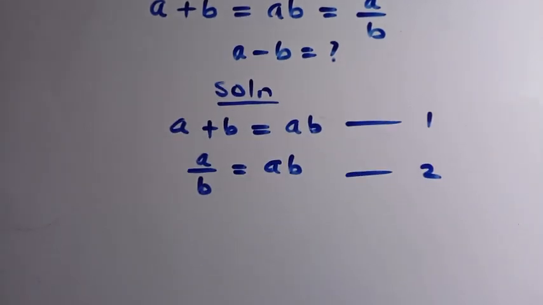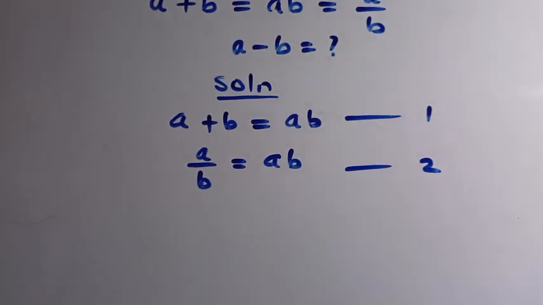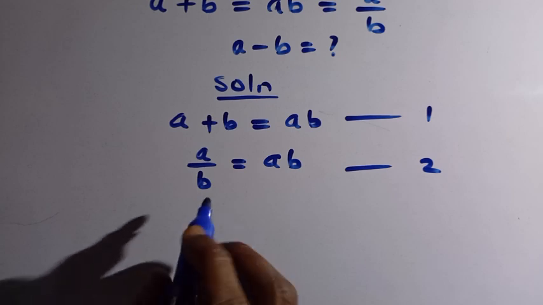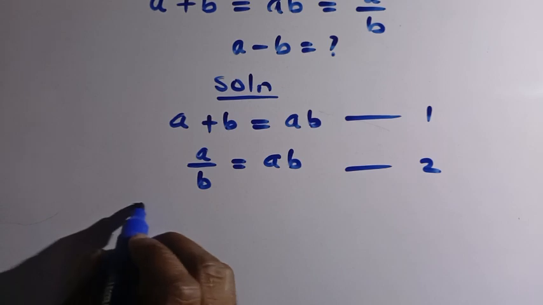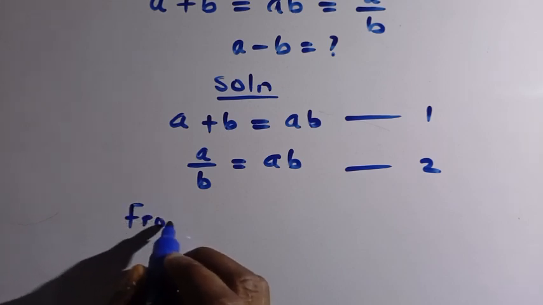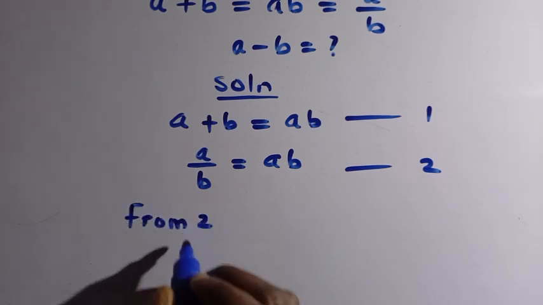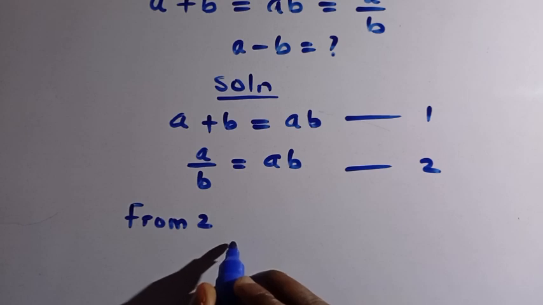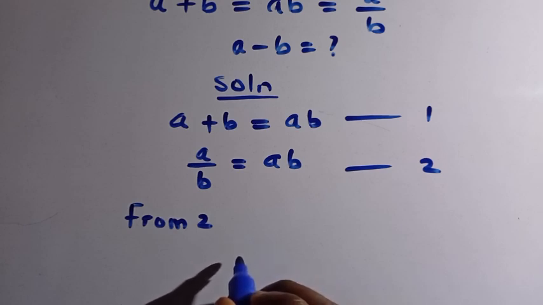After having these two equations, if we try to solve from equation 1, that does not make any sense because we don't get the desired result. But let me start from equation 2. We have from equation 2, a divided by b equals ab.